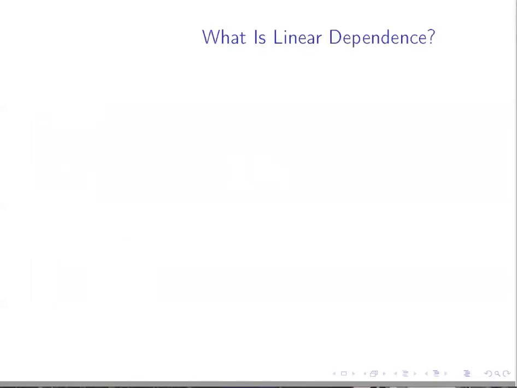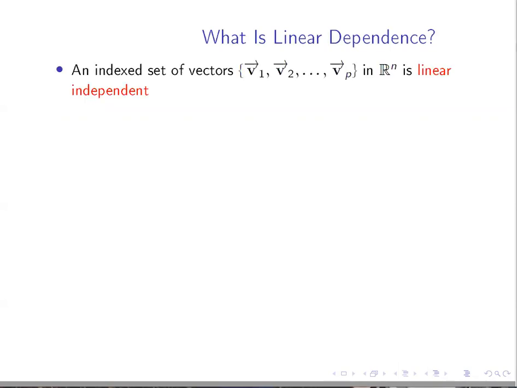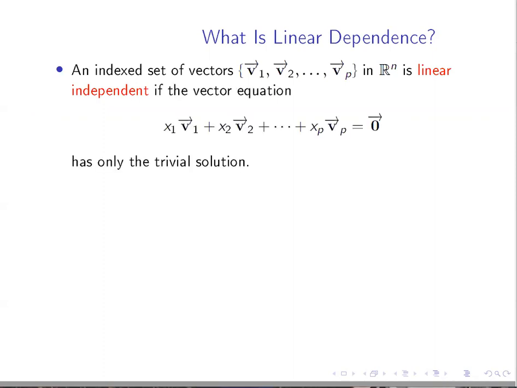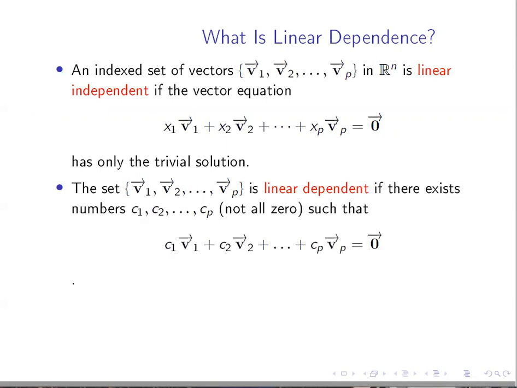First off, we need to talk about linear dependence. A set of vectors is linearly independent if the only solution to this linear combination equaling the zero vector is if all the scalar coefficients are zero. Now, it's linearly dependent if there are any non-zeros involved.